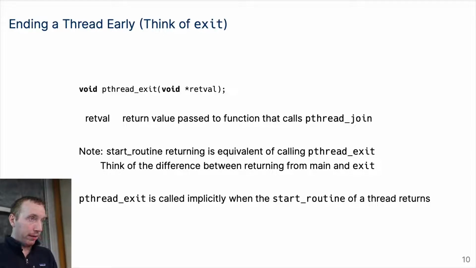So if your routine just goes ahead and returns normally, that's the equivalent of calling pthread exit, like just how in main, if you return a number from main, that's the equivalent of calling exit with that number. So it works exactly the same. And if you don't, exactly like before, implicitly it's called at the end of whatever function your thread's running.